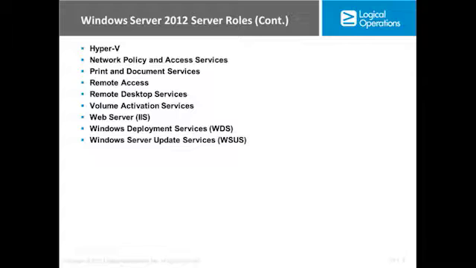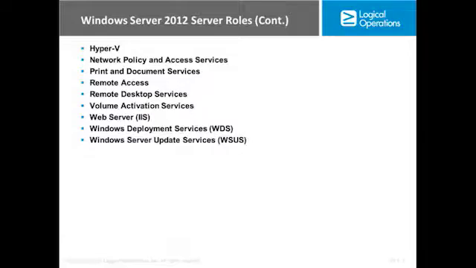There's also Network Policy and Access Services, or NPAS. Here's the cool thing about this. I've got mobile users who go home with their laptop, kids get on the laptop, playing games, downloading who knows what, and the laptops become infected with viruses. Now the person wants to connect remotely from home. When they make the connection, this thing is loaded with viruses, maybe they don't even have the firewall up.